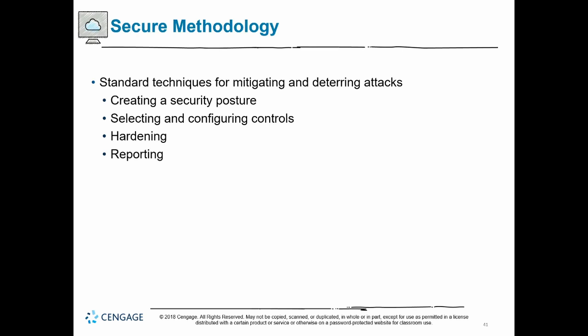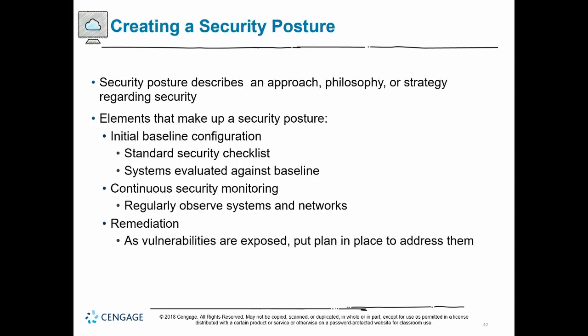So, securing methodologies: standard techniques for mitigating and deterring attacks, creating a security posture, selecting and configuring controls, hardening, and reporting. Security posture describes an approach, philosophy, or strategy regarding security.